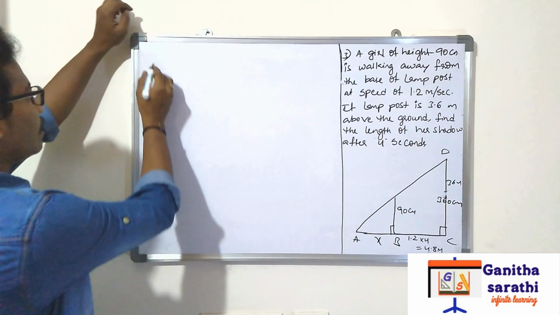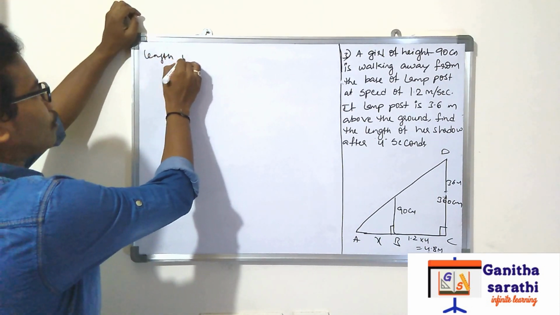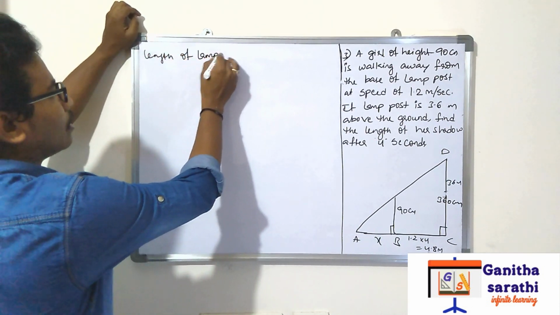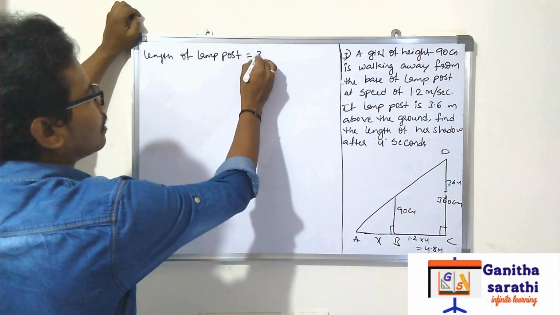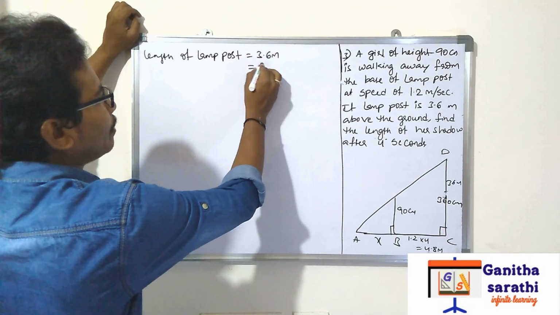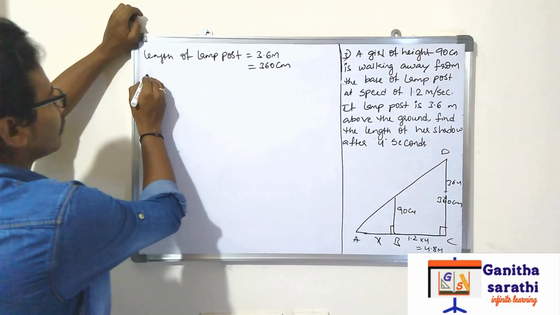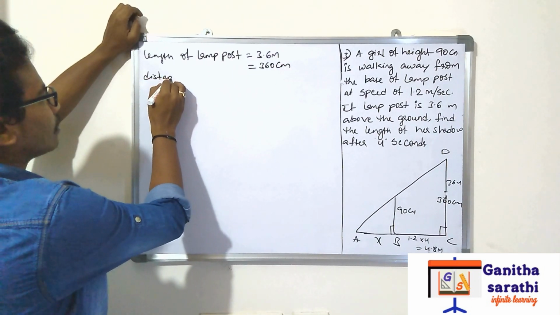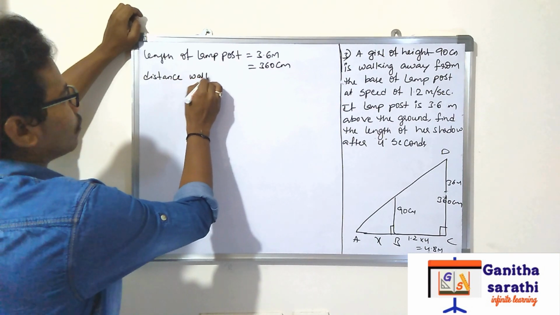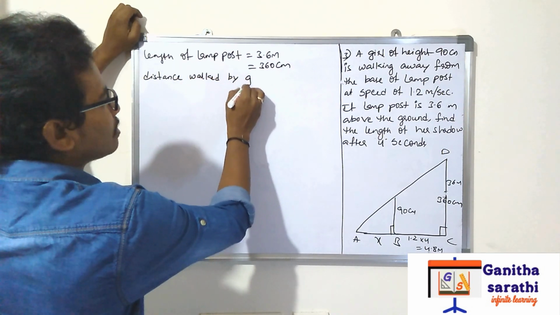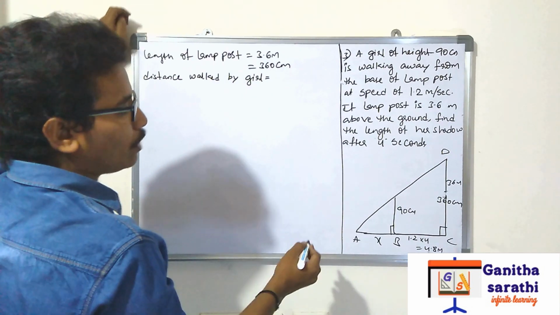Now see, length of the lamppost is 3.6 meters. That will be 360 centimeters. And the distance walked by the girl is how much? 1.2 meters per second.